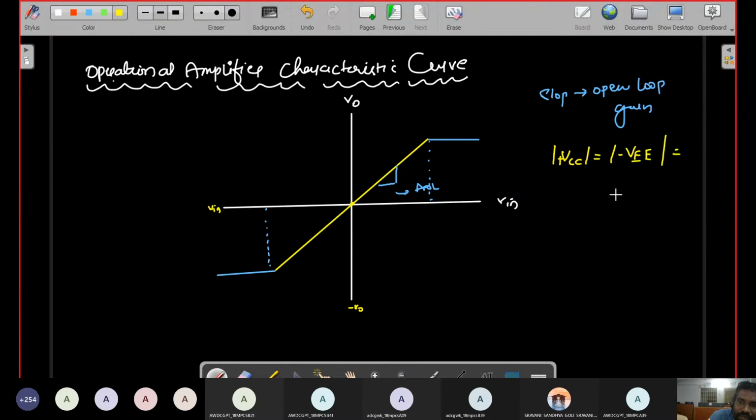So this condition is called the saturation condition.